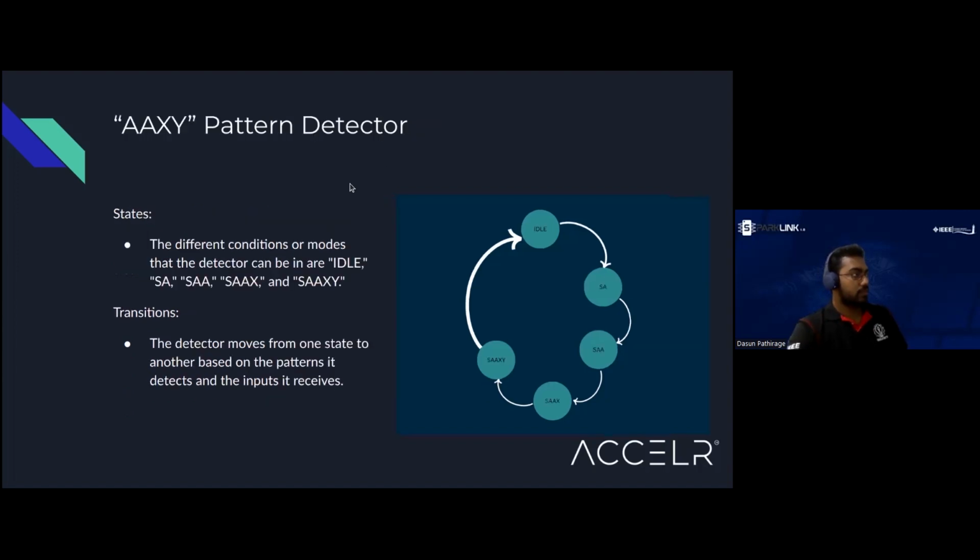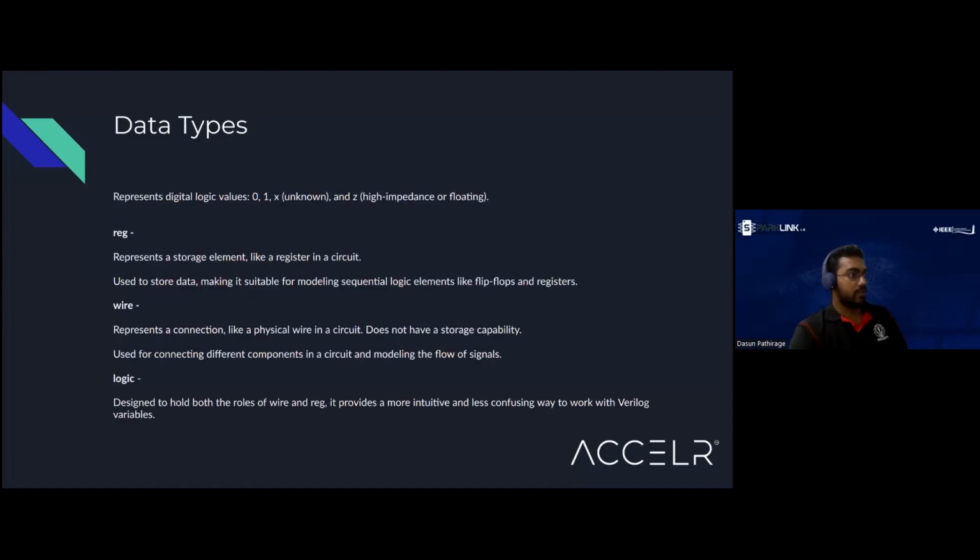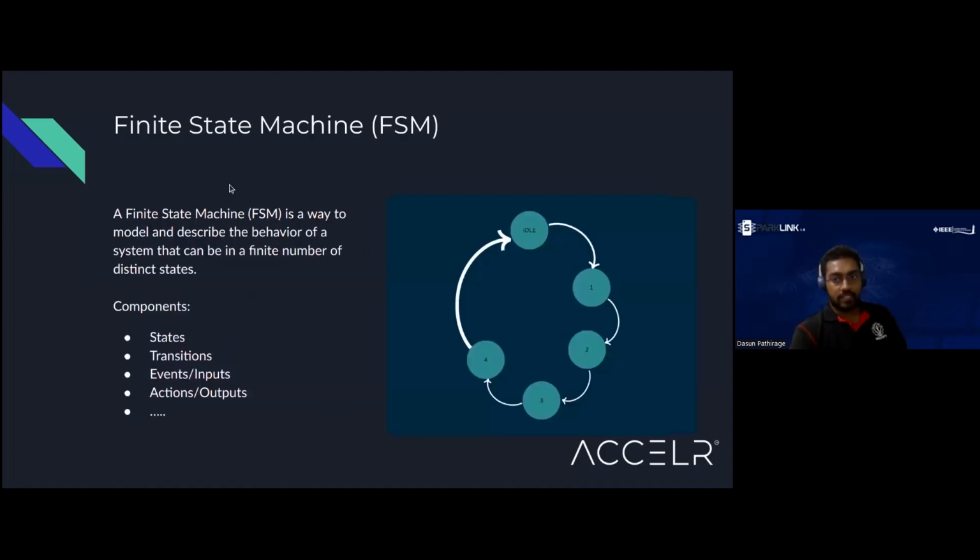Now we have talked about data types, blocking and non-blocking, and synchronous and asynchronous logic. Next we move to the finite state machine. What is a finite state machine? It is a way to model the behavior of a system, whatever logic we are going to describe.